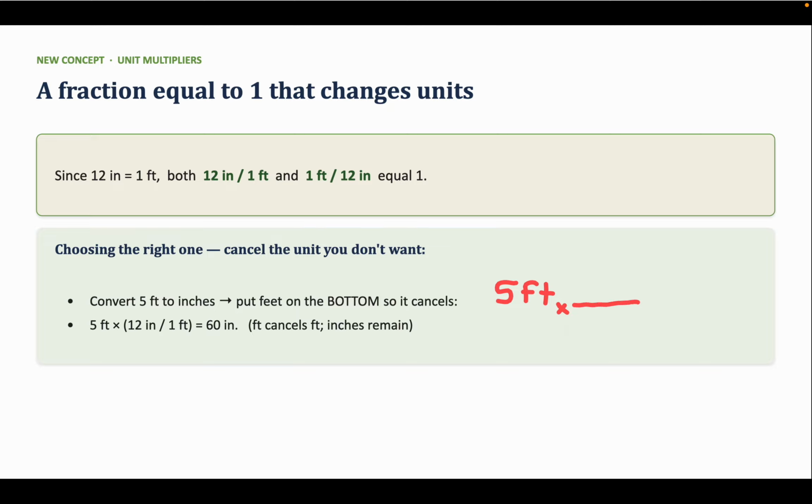So the unit multiplier I'm going to use has 1 foot in the denominator so that our feet will cancel. 1 foot is equal to 12 inches. You can see that the feet cancel out and we're left with a unit of inches, which is exactly what we wanted. Now we have 5 times 12, which is 60 inches over 1, which reduces to 60 inches.